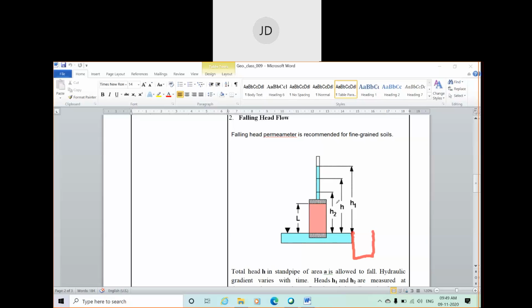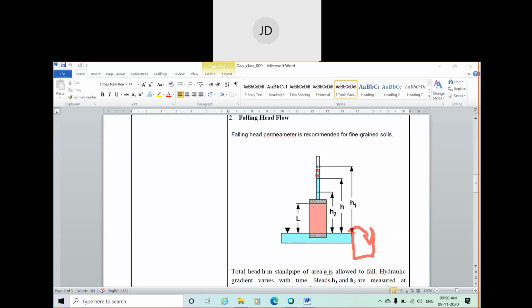When you start at t equal to 0, the head of the water is say h1, the initial head difference between the top and the bottom. With the passage of time, the water goes down within this tank and finally into the bottom tank. So the head of the water will drop to this level, and then this level.